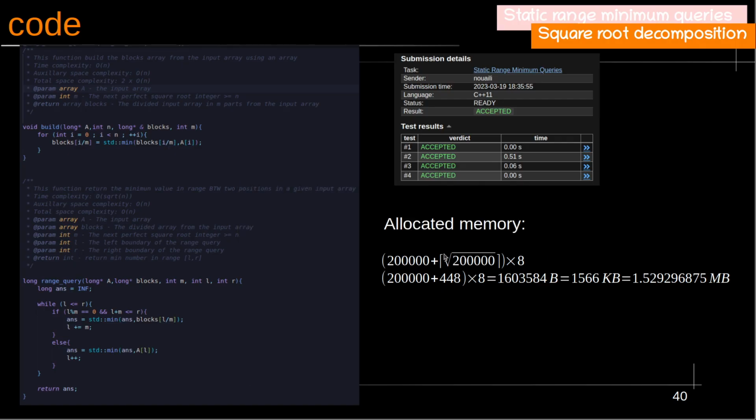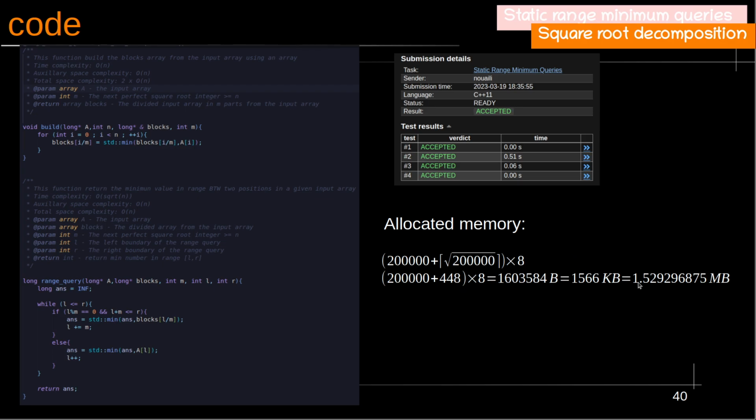So in total, if n is equal to 200,000, we have a space complexity of 200,000 plus the ceiling of the square root of 200,000, multiplied by 8, which is the size of long in C++.